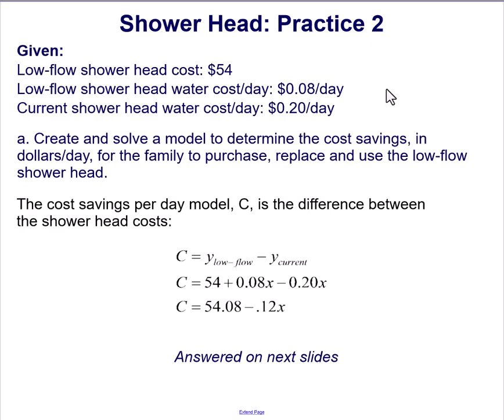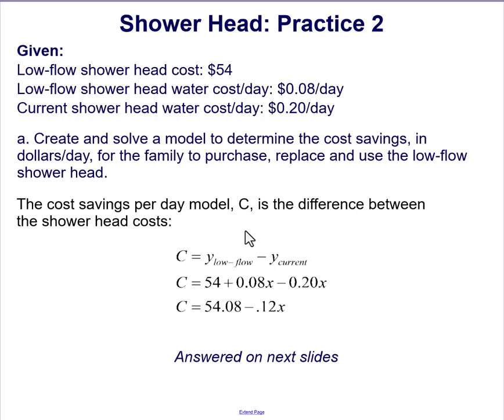We're still using this information up here, and we're still trying to create and solve a model to determine the cost savings in dollars per day for each family. So here's how we're going to develop the model. We're going to use the letter C to represent the cost savings per day model, and that's going to be the difference between the two shower heads.